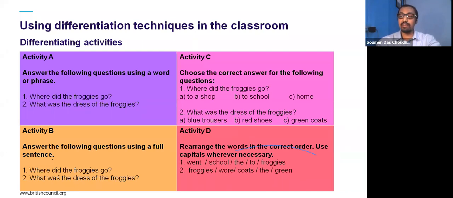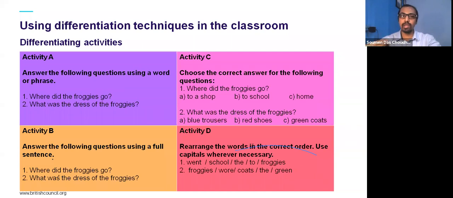So, for example, if they are able to successfully do the activities A and C, but are struggling a bit with activity B, it is a clear indication that they have understood the text, but they need more practice with sentence building. Another differentiating process could be the way you conduct the activity.